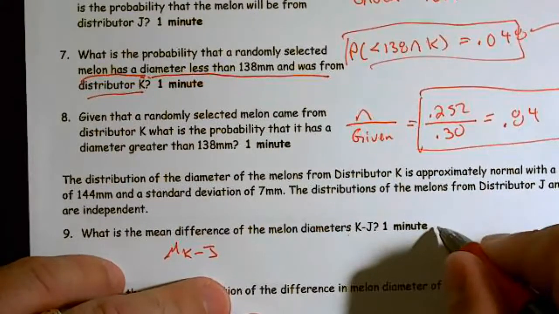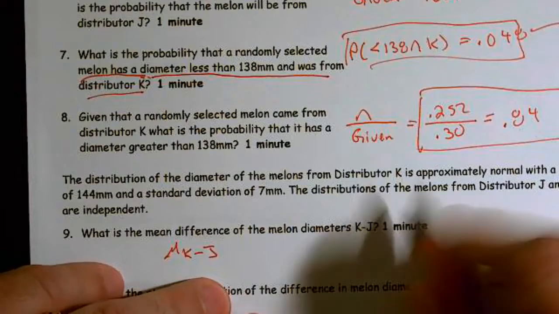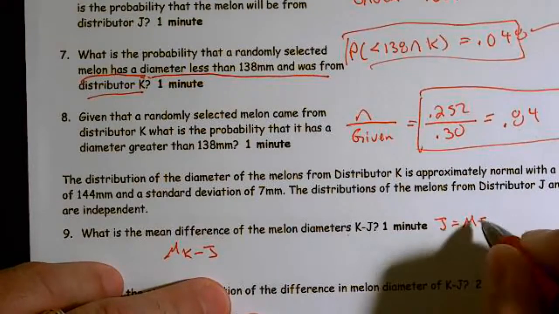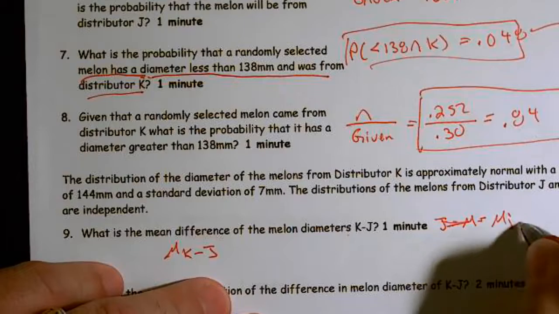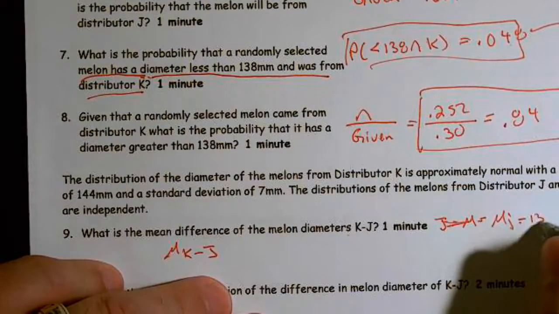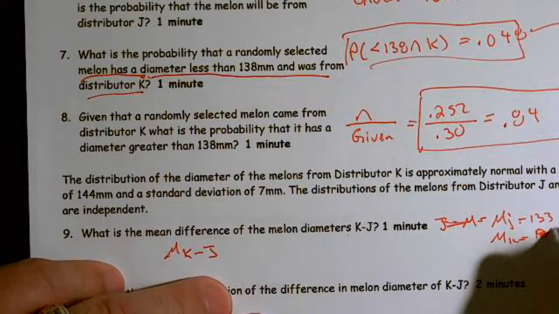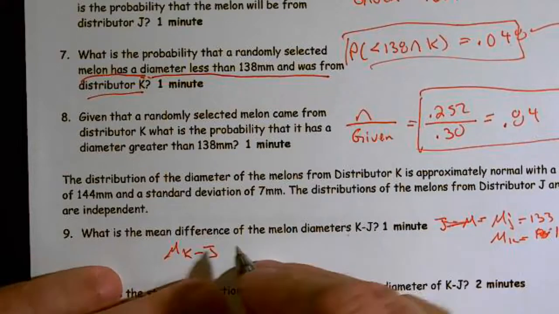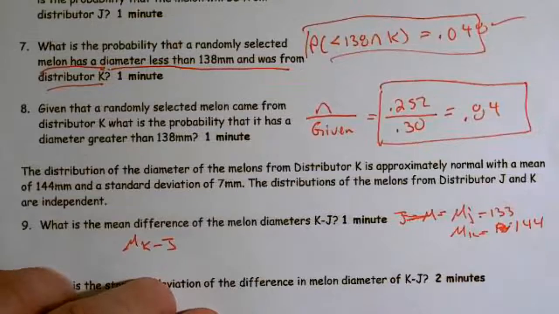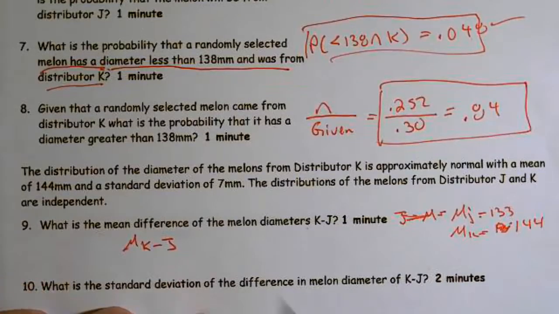But it should have said that the mean of J was 133, and the mean of K was supposed to equal 144. It doesn't. So that's my fault. So we'll give you credit for these two, which would be basically 10 free points.